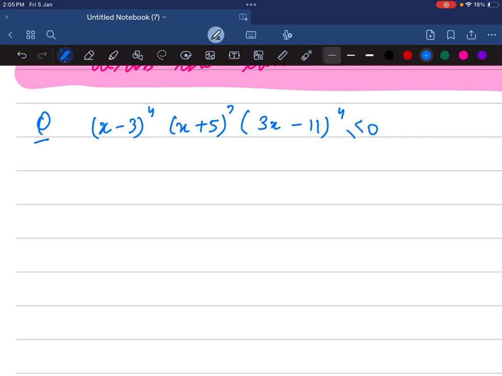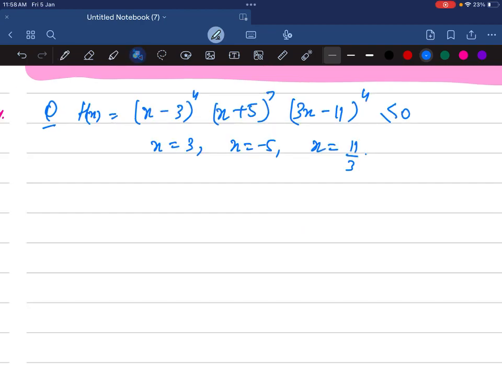So we have to find out the roots of this equation first. The roots will be x equals 3, x equals negative 5, and x equals 11 by 3. Right, so let's plot this on the number line.